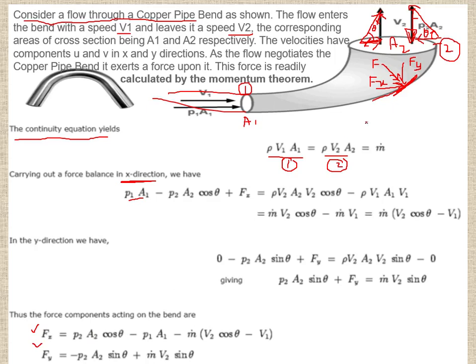If you know theta, V1 and V2, the areas, and the pressure at inlet and exit, you can easily calculate the x component, and if the pipe bend is making any angle, you can just put in the values and calculate the y component as well. This is for when the fluid enters the pipe bend horizontally and leaves at a particular angle.